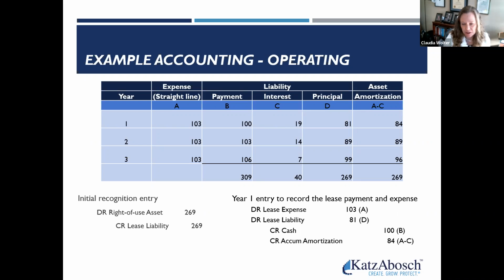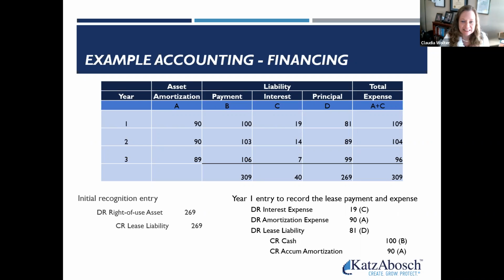We're going to credit cash for $100, which is our actual cash outflow. And then we're going to credit the accumulated amortization for $84, which is that plug amount. That's where it gets a little odd. We try not to do too many plugs in accounting, but basically what you're trying to get to is what's in column A, the straight-line lease expense hitting the income statement.